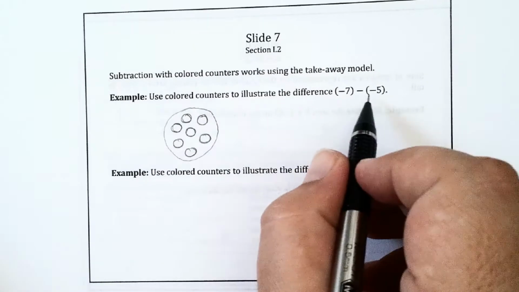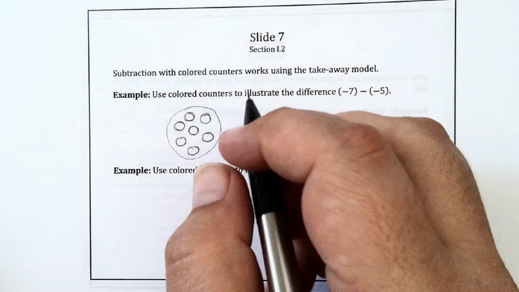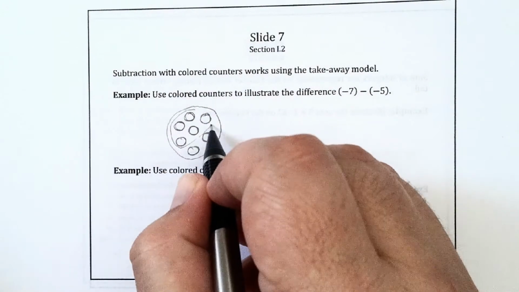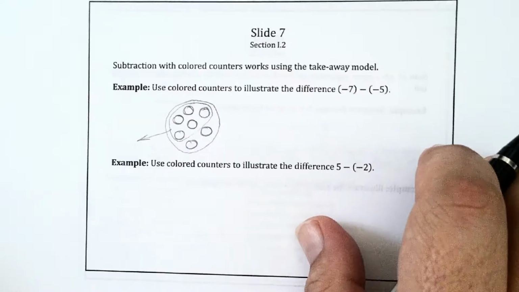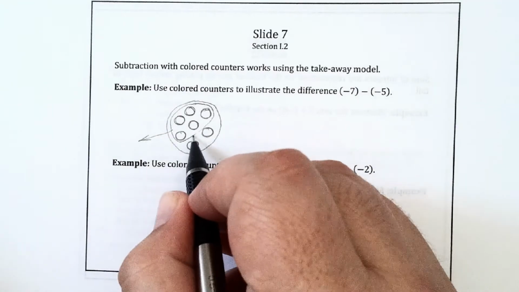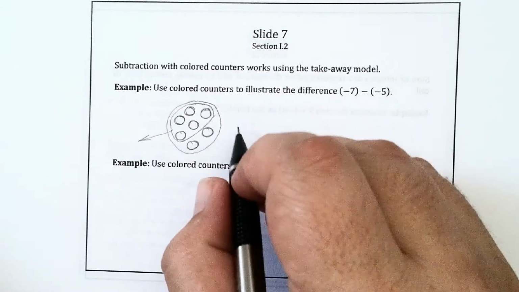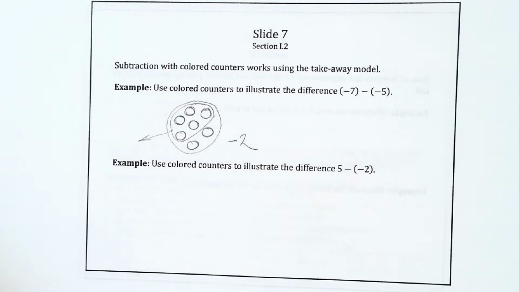And I'm subtracting negative 5, so that means I want to take away 5 white counters. I'm just literally taking those away, just like we would with whole numbers. What's left over is 2 white counters, which represents negative 2. So the answer here is negative 2.